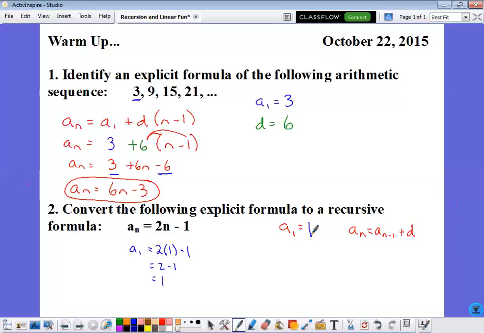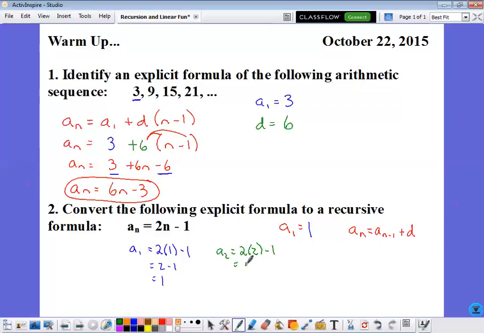In order to find the common difference, I'm going to go ahead and find the second term as well. Since I already know that it's an explicit formula of an arithmetic sequence, if I find the first term and the second term, I should be able to simply see what's different, what it's going up by, what it's going down by to find the difference. So then in this case, a sub 2 is going to be equal to 2 times 2 minus 1.